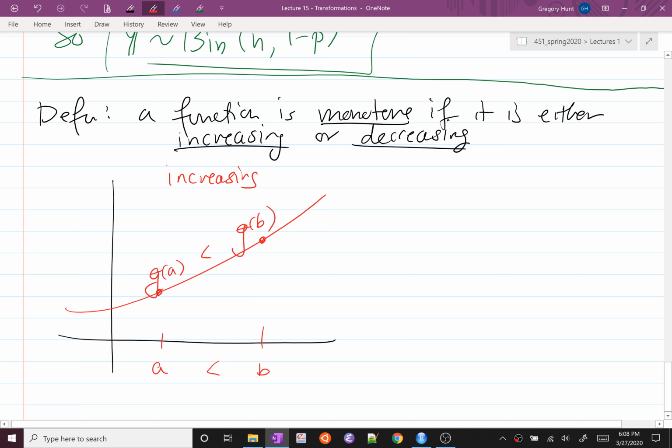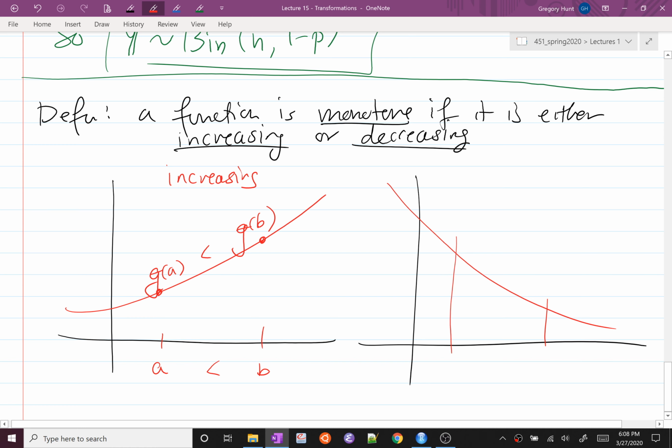We're using g for our function. And the flip side is the decreasing function, which goes down like that. If we look at some values a and b, where a is less than b, here g of a is going to be bigger than g of b, or g of b is less than g of a. So flip. And so we say something's monotone if it's either increasing or decreasing. So this is the decreasing case.